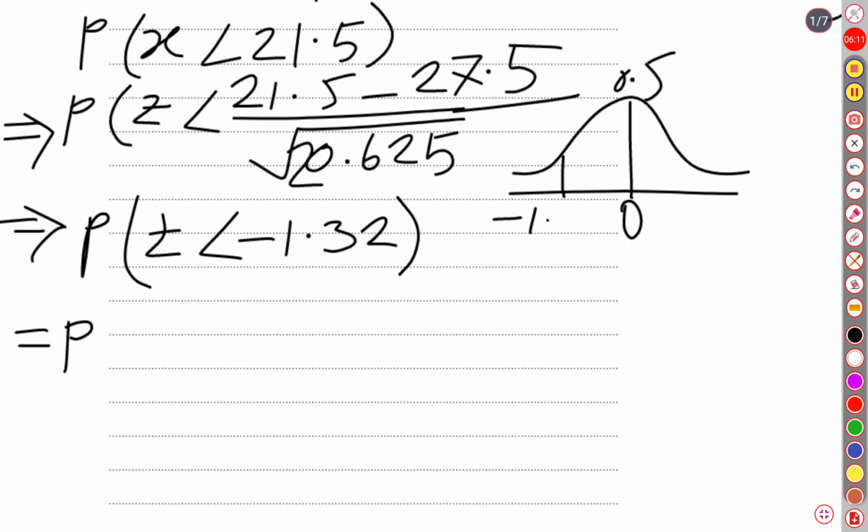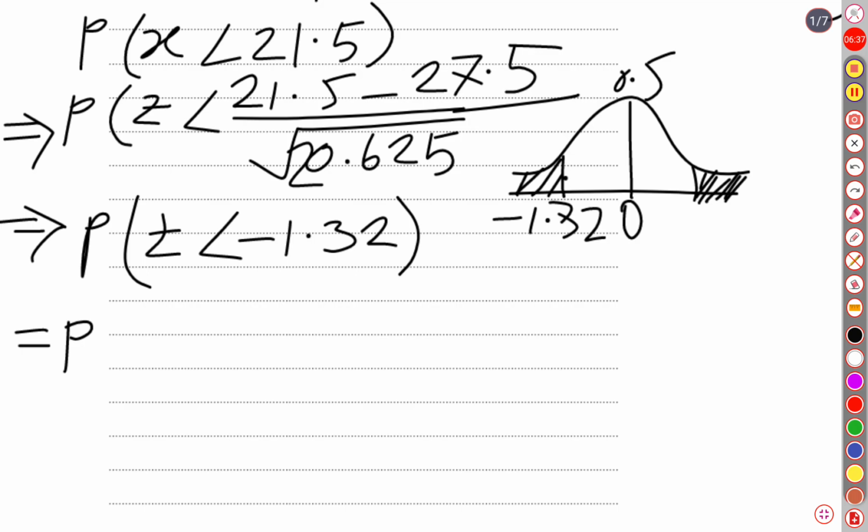Suppose here is negative 1.32. So our probability is actually this portion. But in our normal distribution table, all the values are more than 0.5. As the graph is symmetrical, this is our probability.